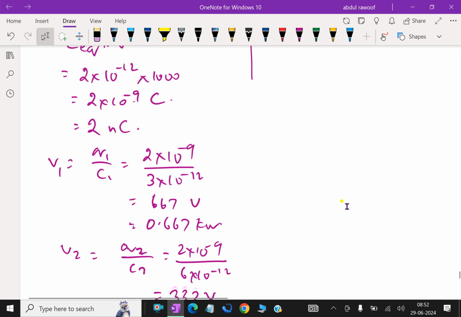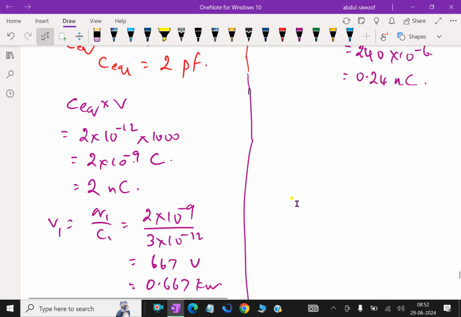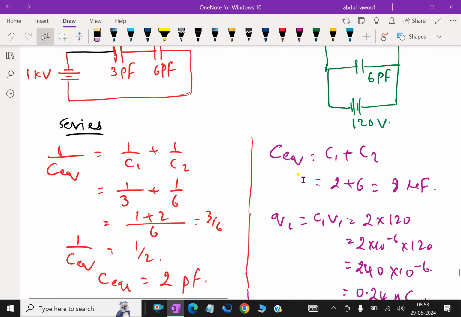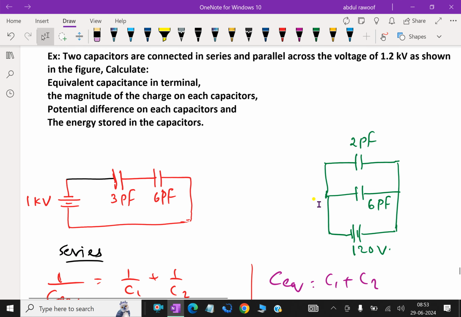Next, this side. Now we get Q1 in the parallel circuit.